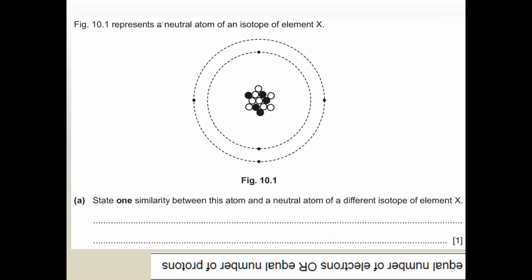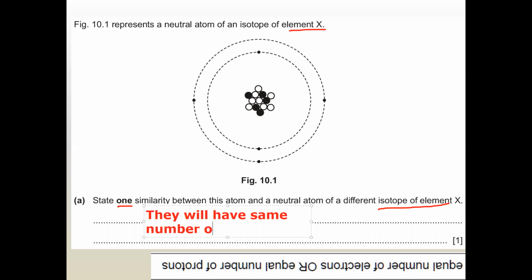Figure 10.1 represents a neutral atom of an isotope of element X. State one similarity between this atom and a neutral atom of a different isotope of element X. What is the similarity between the isotopes? How are the isotopes similar to each other? We can say they will have the same number of protons.